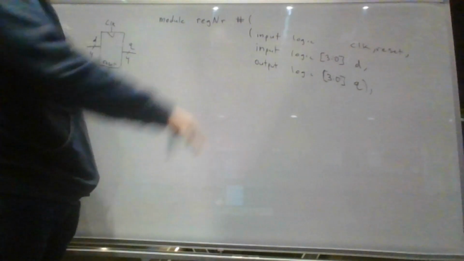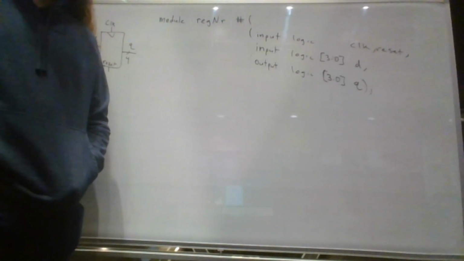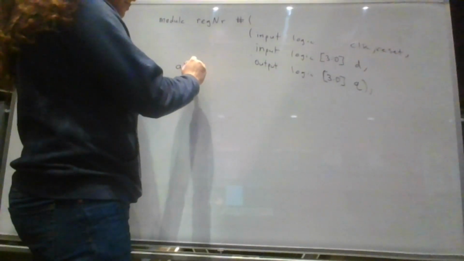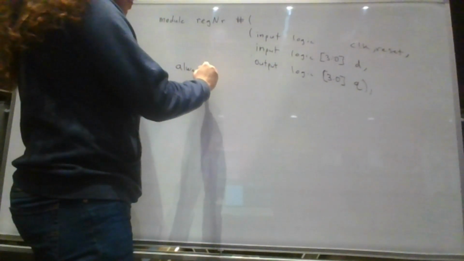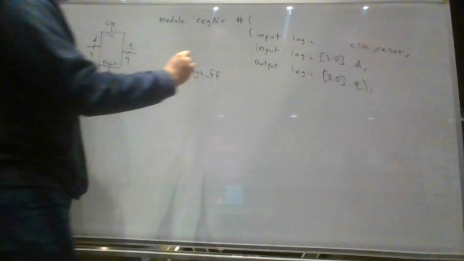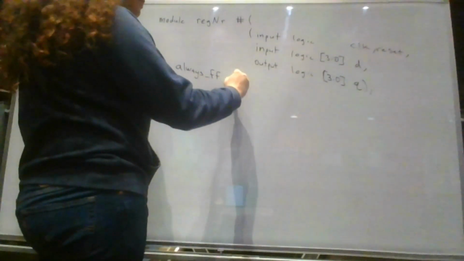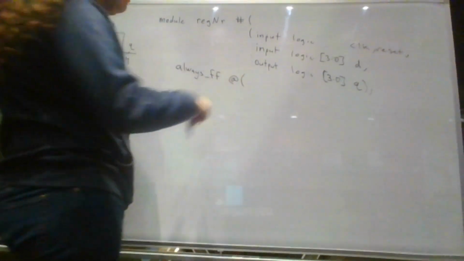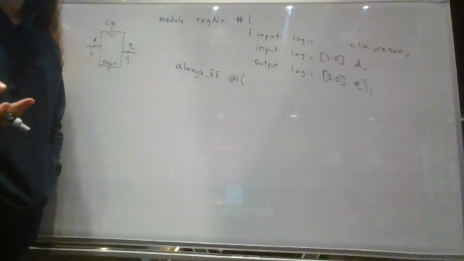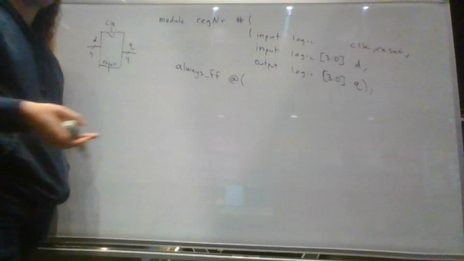Now I need to make my flip-flop, and the way I do that is with an always statement. I say always_ff for a flip-flop, and then I dictate the sensitivity list with the @ symbol. Inside I put what the flip-flop should respond to. We always put the clock.